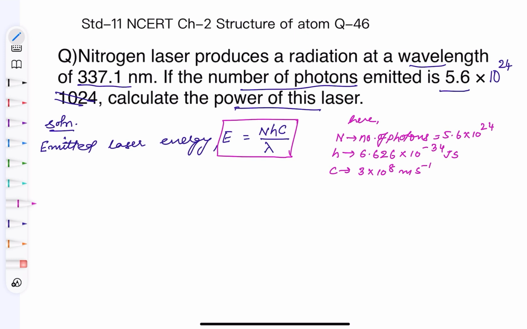And one more thing given here is the wavelength, 337.1 nanometer. Wavelength is represented as lambda, which can be written as 337.1 into 10 to the power of minus 9 meters, since 1 nanometer is equal to 10 to the power of minus 9 meters.